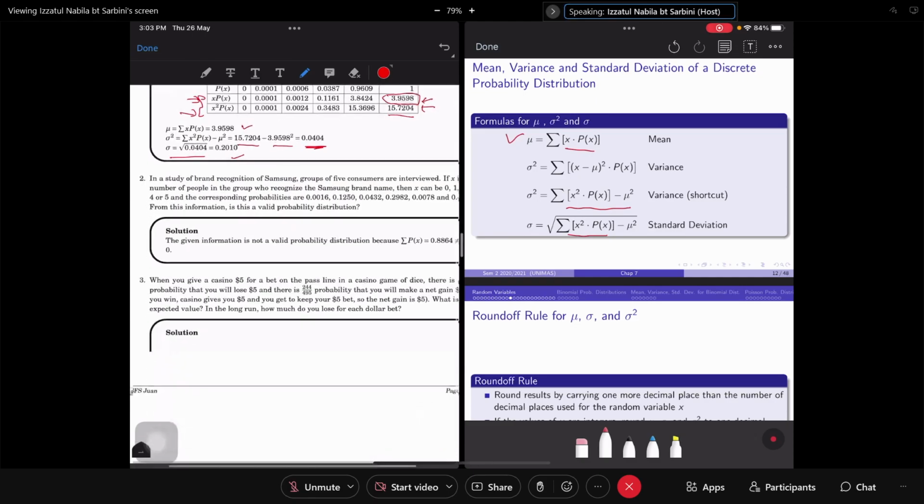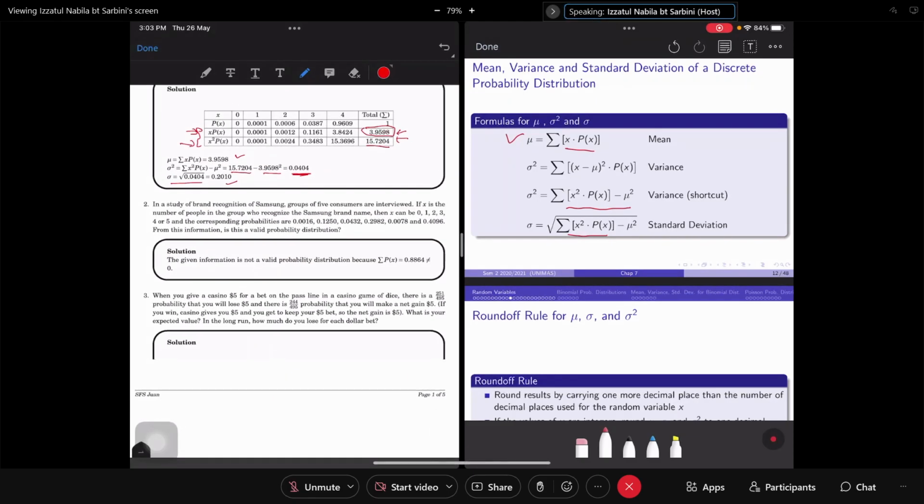Question number 2. In a study of brand recognition of Samsung, groups of 5 consumers are interviewed.